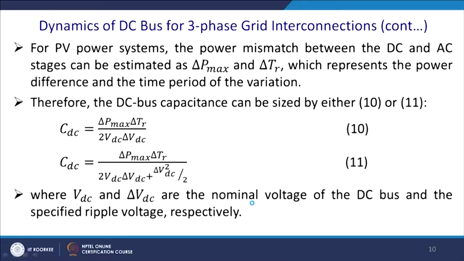For PV power system, the power mismatch between the DC and the AC stages can be estimated as del P max and del TR, which represents the power difference and the time period of the variation.